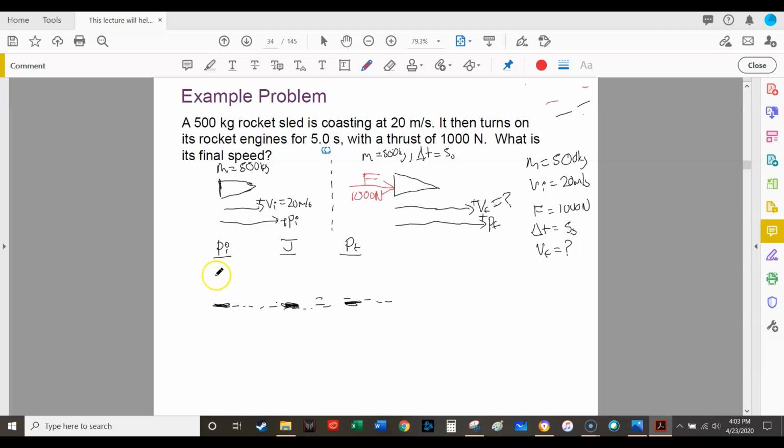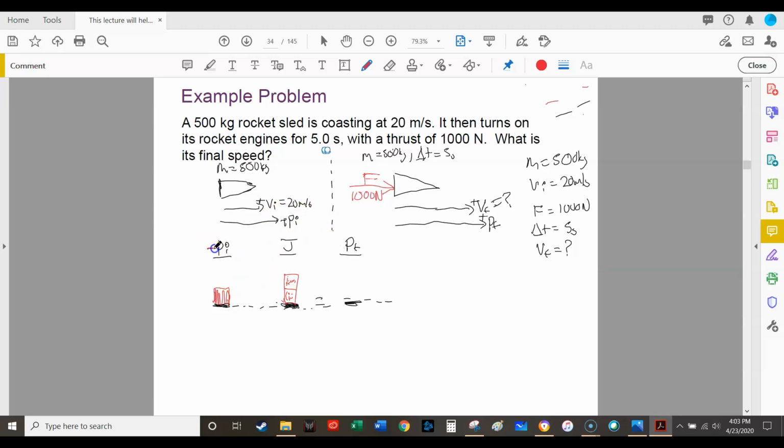Okay, so the initial momentum, let's say it's got one block of initial momentum. And then it's going to have a thrust added to that. And let's say that is going to be 2 blocks of thrust. Okay? So the initial momentum plus the final momentum, right?